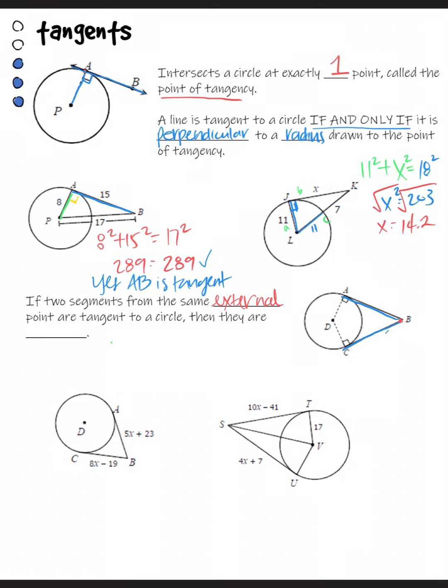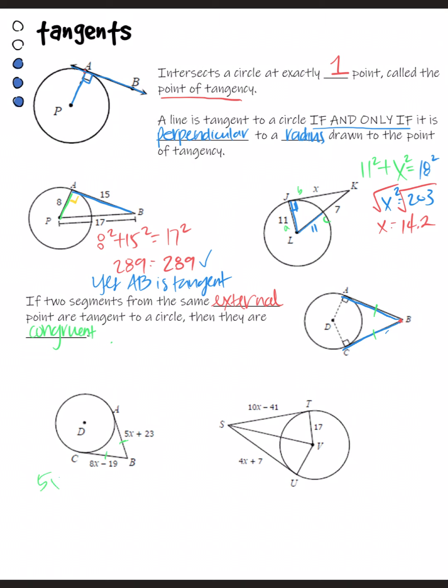If they're coming from that same point, then those lines are congruent. So this is the same as this. For our examples, that means in this example, this line is going to be the same as this.